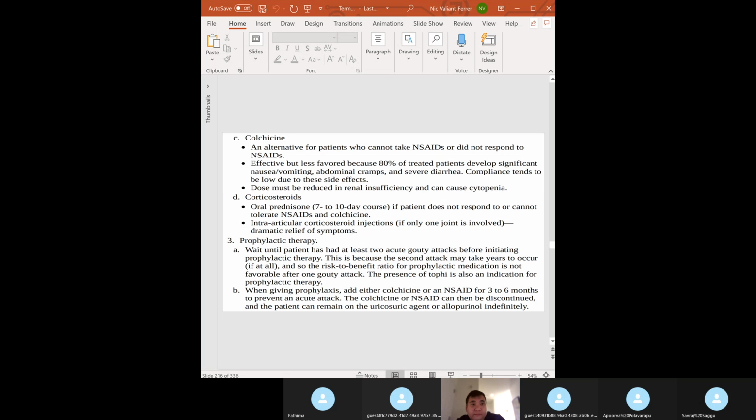In terms of corticosteroids, if they do not respond to NSAIDs and colchicine, you can give them corticosteroids.